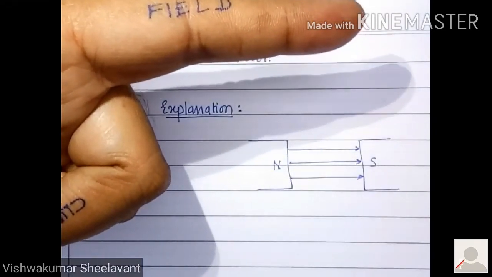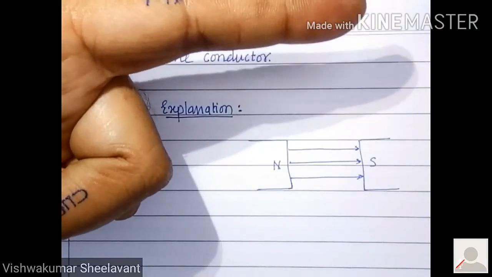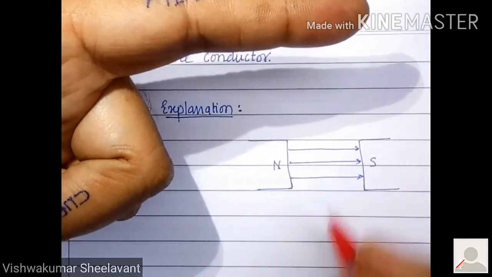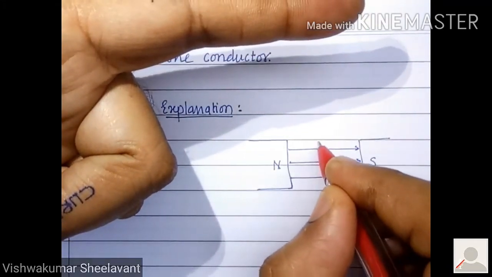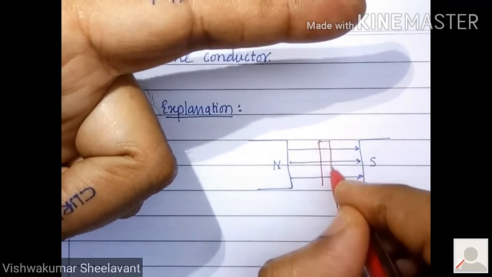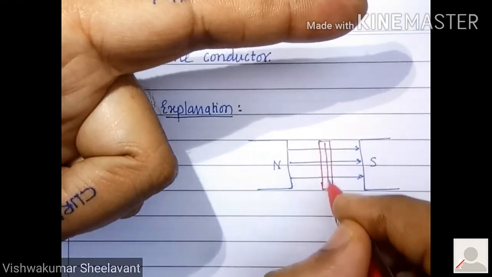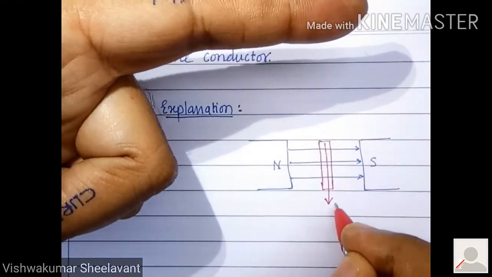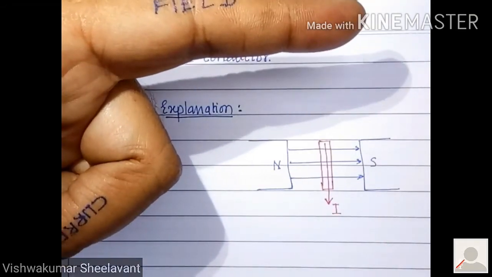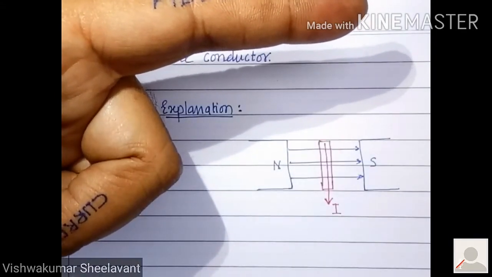Now in this magnetic field I will place a current carrying conductor through which current is flowing in downward direction.